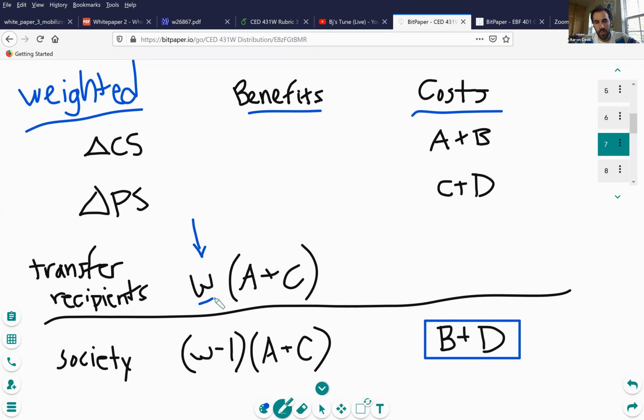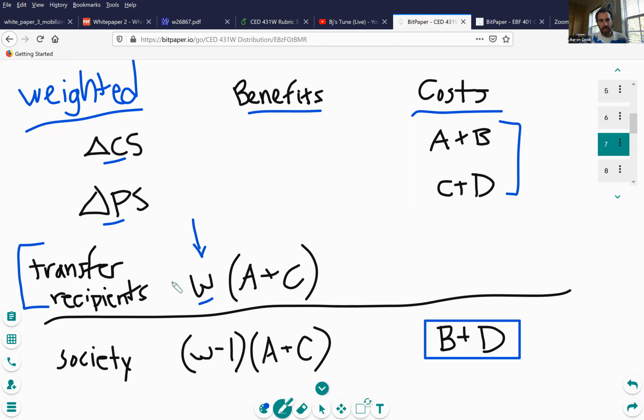But now, in this weighted cost benefit analysis version, we're going to consider the benefits to these transfer recipients at some scaled up proportion of the costs to other parties, in particular the producers and consumers in this goods market. So this parameter W represents the weight that's being applied to the recipients of this tax and transfer program.